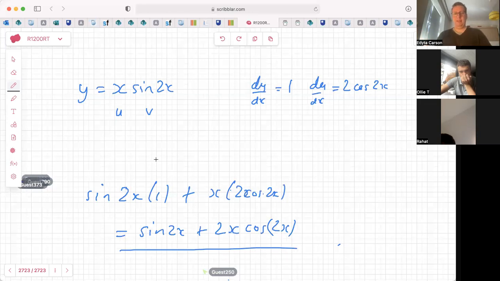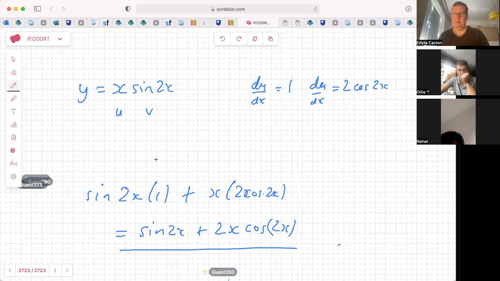So the left-hand side is sine 2x times the derivative of x, and the right-hand side is x times the derivative of sine 2x, which is 2 cos 2x. That makes sense, Ollie? Yeah. What did you do?